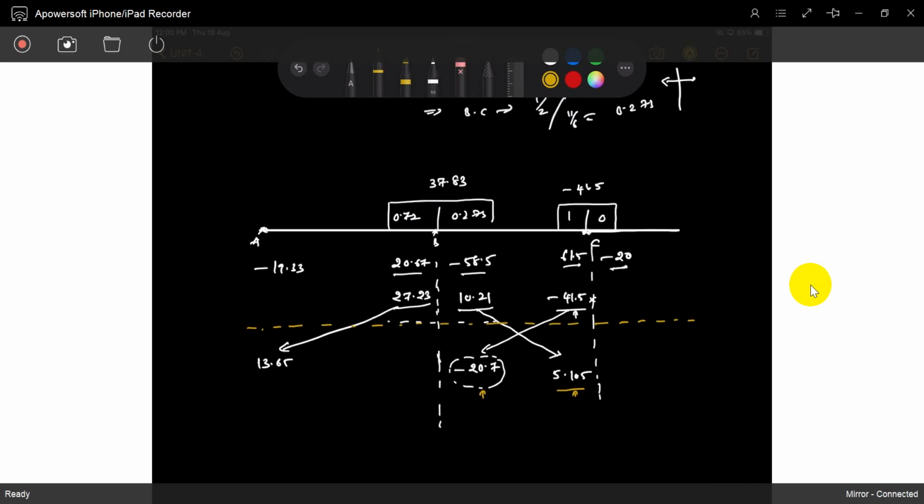This unbalanced is minus 20.7, so we have to apply plus 20.7 to balance it. How is it distributed? 0.72 times that is 14.90, because it's minus there, you have to apply plus.